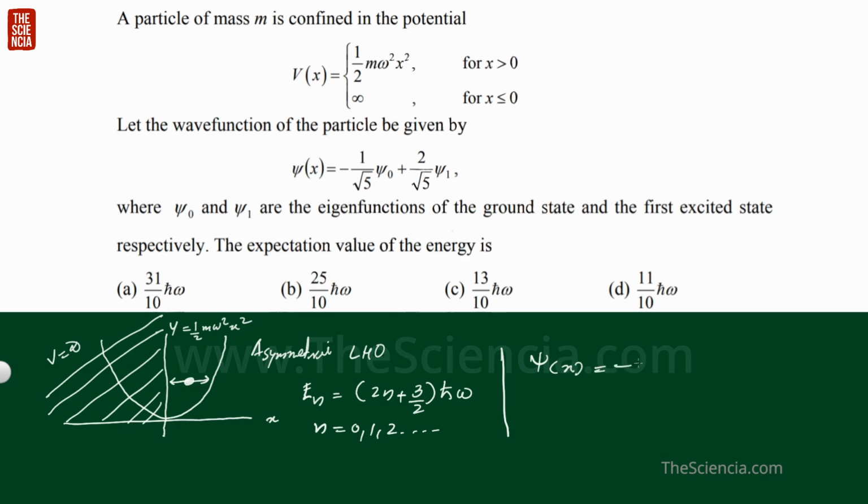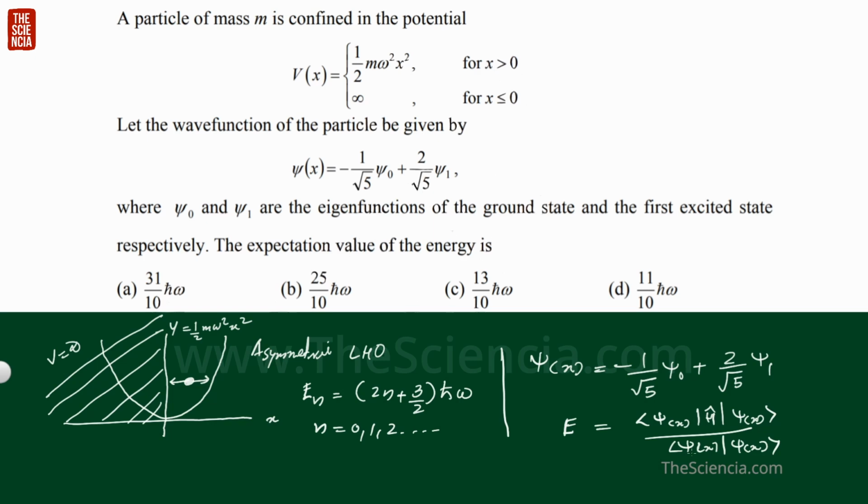And in the question they specified the wave function of the particle, that is psi of x is equal to minus 1 by root 5 psi 0 plus 2 by root 5 psi 1. And here the question is to find the expectation value of energy, that is equal to bra psi of x Hamiltonian ket psi of x divided by bra psi of x ket psi of x.